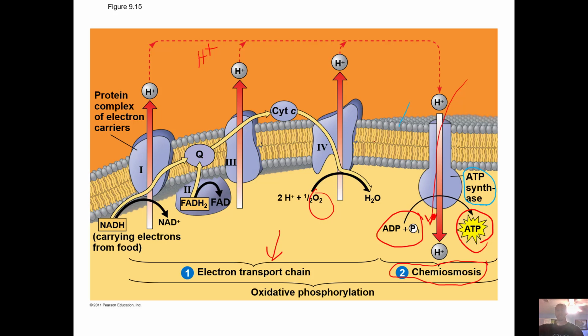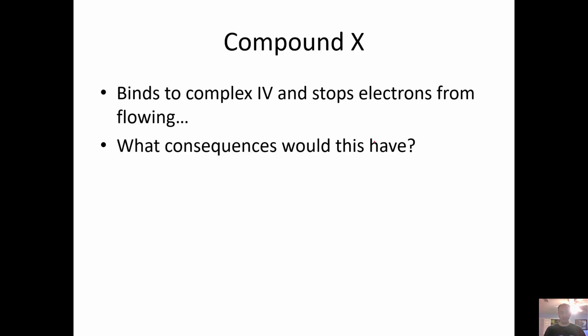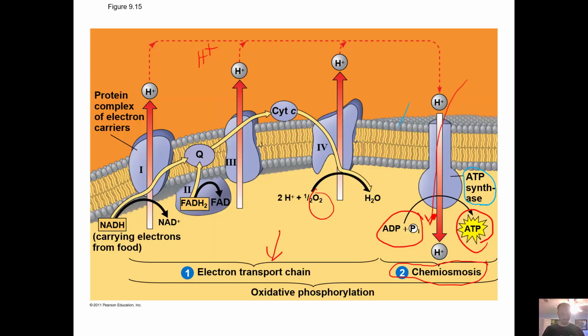Chemiosmosis is the part where those hydrogen ions flow through the membrane. So those are the parts. So oxidative phosphorylation has those two parts, transport chain and chemiosmosis, but all together we can refer to the whole thing as oxidative phosphorylation. You might want to watch this part of the video a couple times, right, to get the hang of that. And I might try to draw that here in a minute.